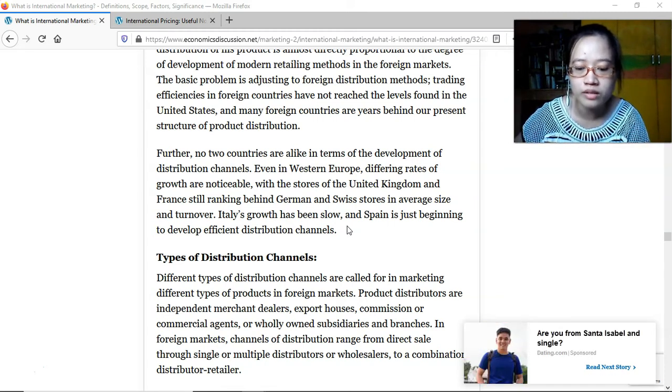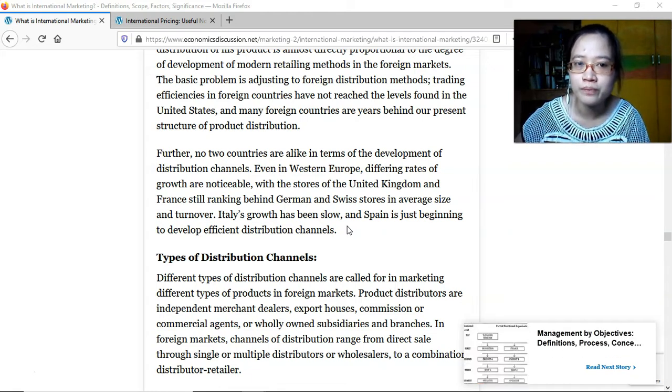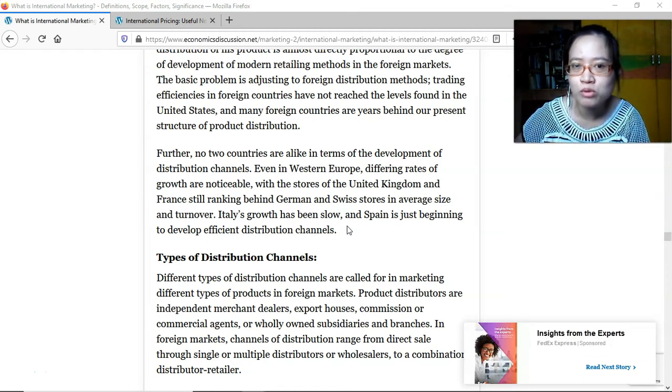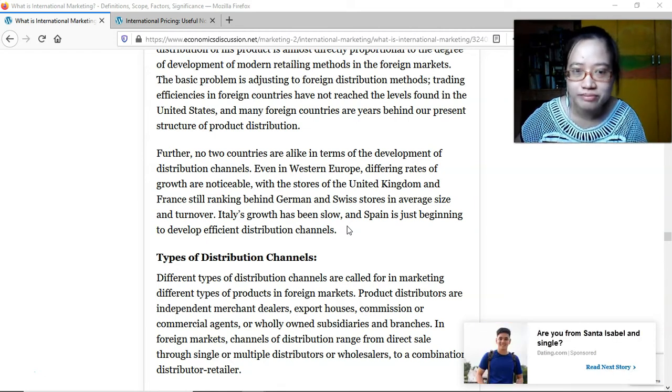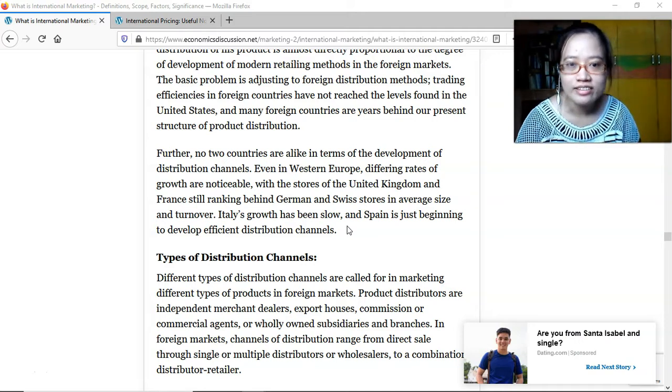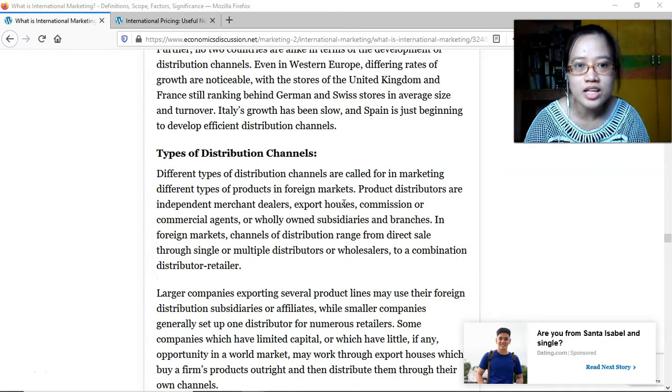But I guess it's also understandable that the Philippines is composed of different islands, so that could be it. But still, from another country to the Philippines, that should pose more problems, right? More challenges, so it should be more costly, but it is not. So why? That's the question.